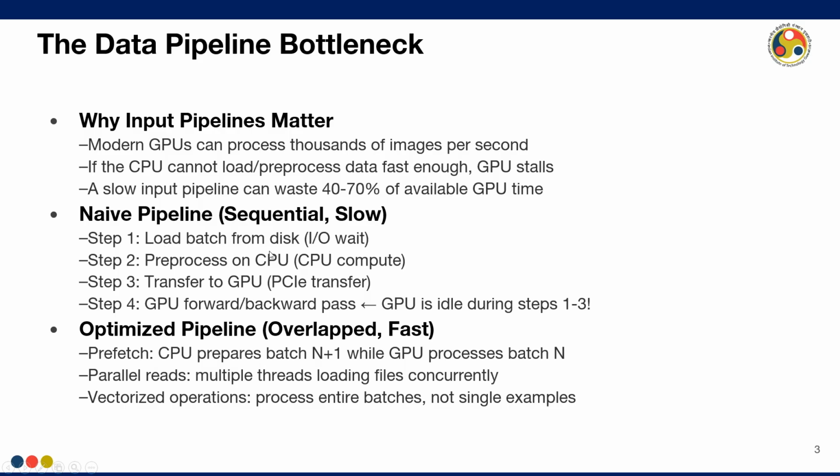Load batch from disk, because I will have the raw data stored on the disk, and then pre-process on the CPU, because CPUs are good for pre-processing, which we have also talked about. But then we have to transfer batch-wise to the GPUs, because the GPU takes data batch-wise. We are transferring over PCI, and PCI has a maximum bottleneck in terms of bandwidth, right?